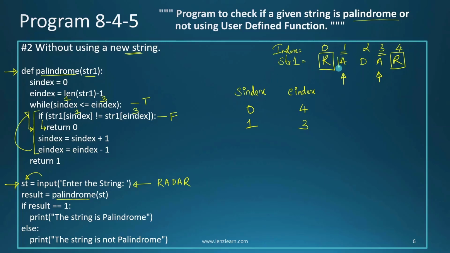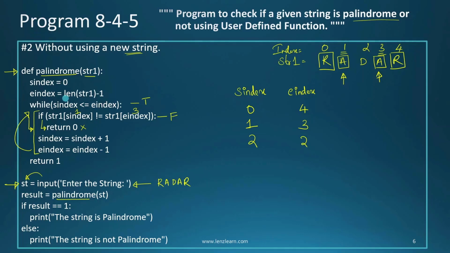But here you see at position 1 I have a, and at position 3 I have a, so they are equal. So again this is false, so return 0 will not execute. I will increase the value of s index to 2. I will decrease the value of e index, so e index also becomes 2. I will come back here.